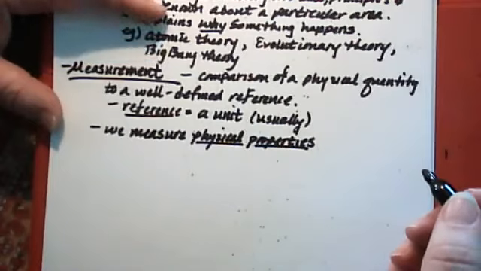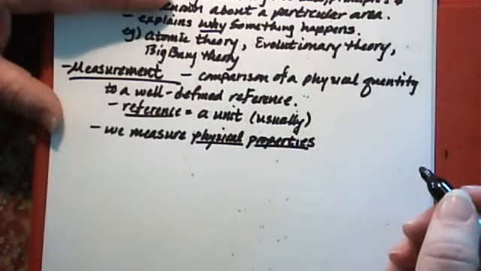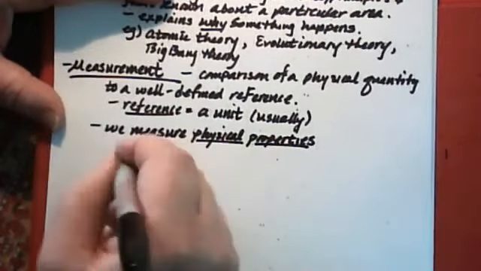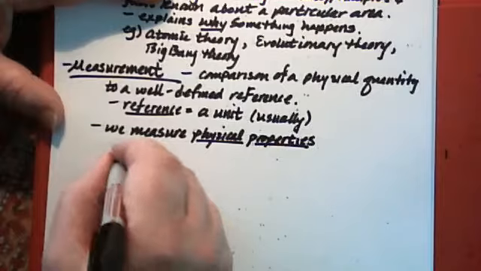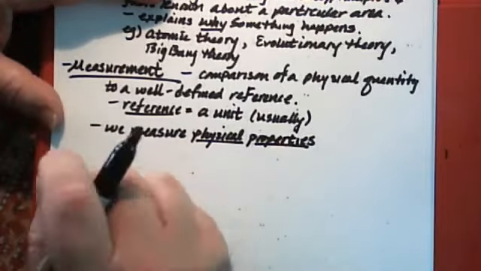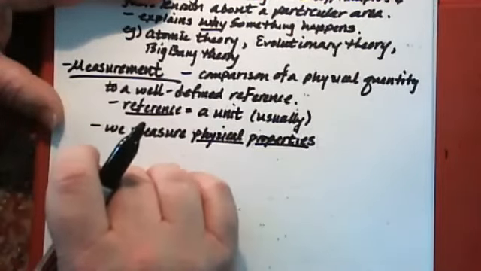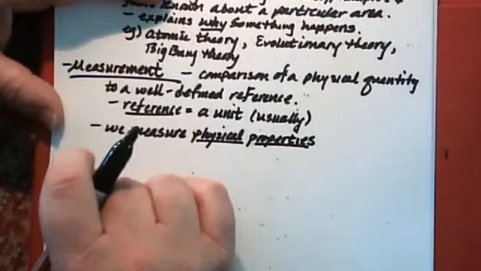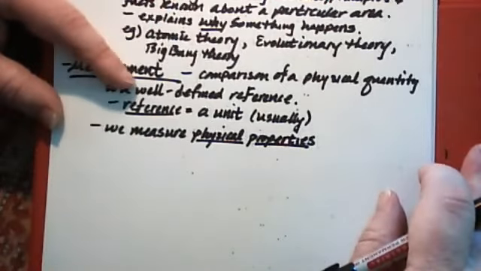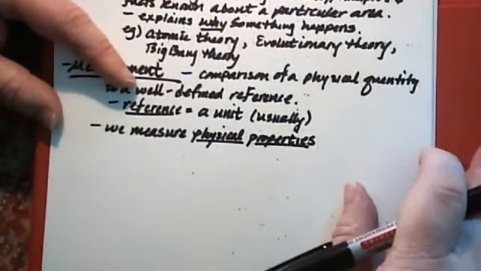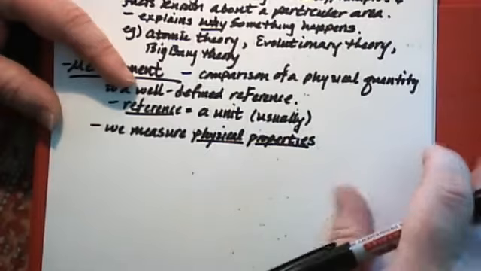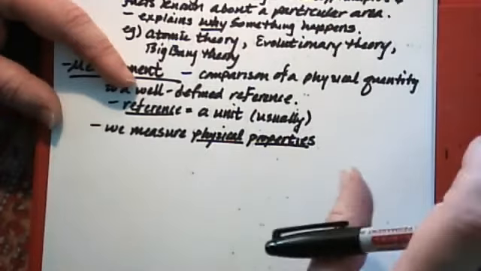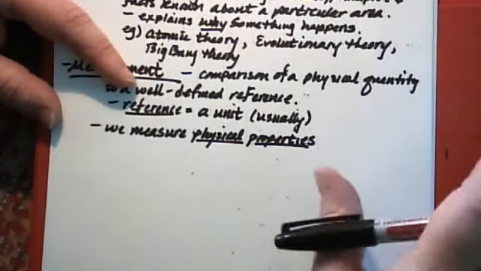And generally what we measure are physical properties. Physical properties are properties that can be measured without changing the object or the substance. So something like weight would be a physical property. You can weigh something without changing the identity of what that something is.